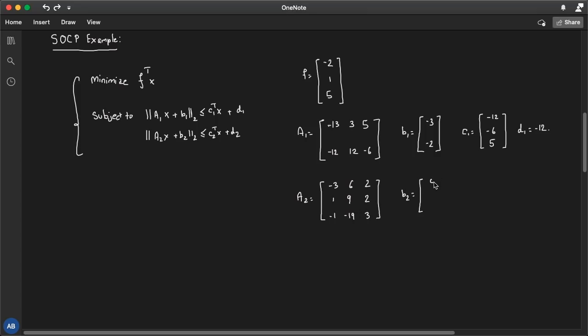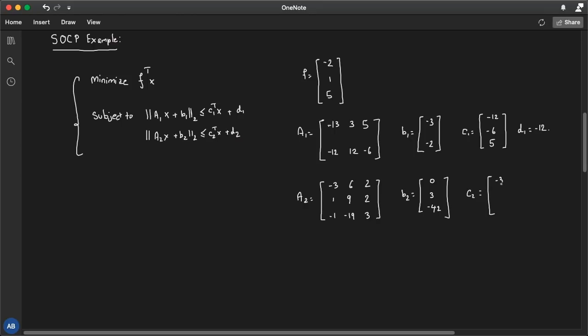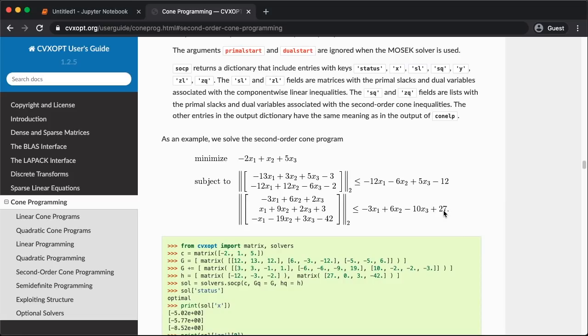So 0, 3, and minus 42. My C2 is going to contain minus 3, 6, and minus 10. So minus 3, 6, and minus 10. And last but not least, the D2 will contain 27.